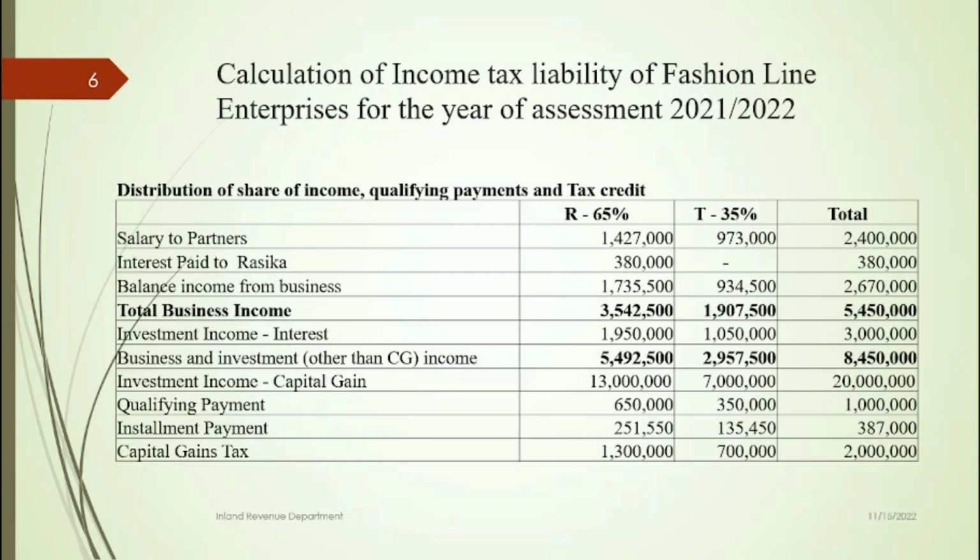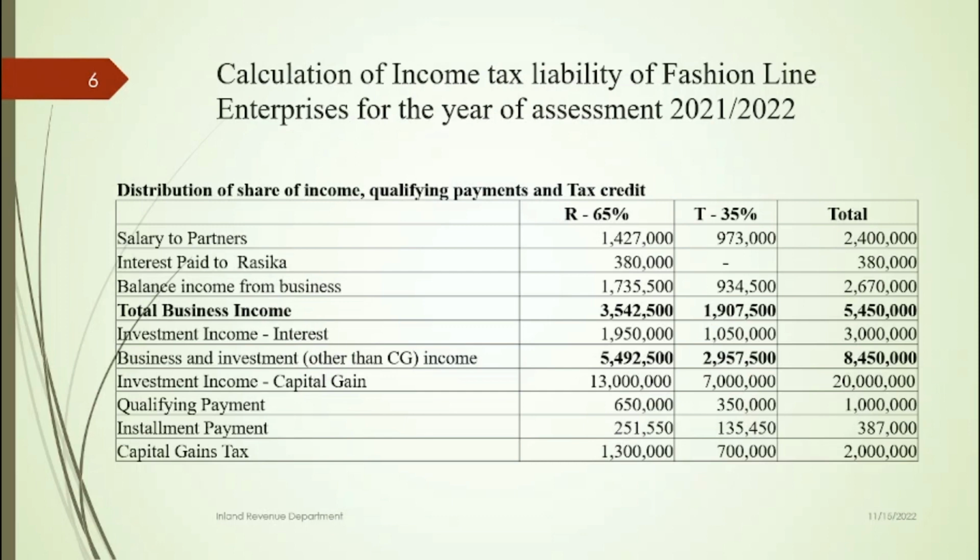The partners are sharing their profit at the rate of 65% and 35% to Ms. Rasika and Tilaka respectively. They had salaries, that is 1.4 million and 973,000, and interest paid to Rasika is 380,000.